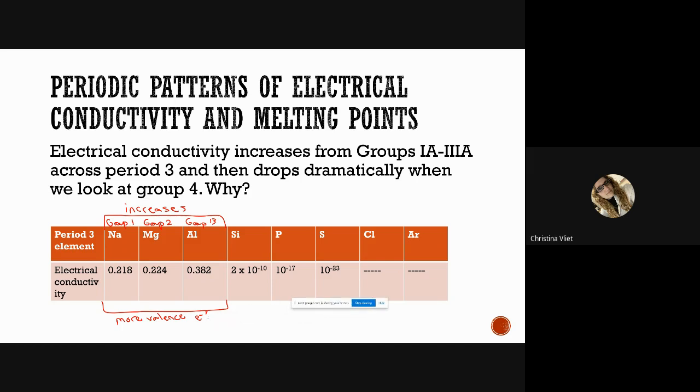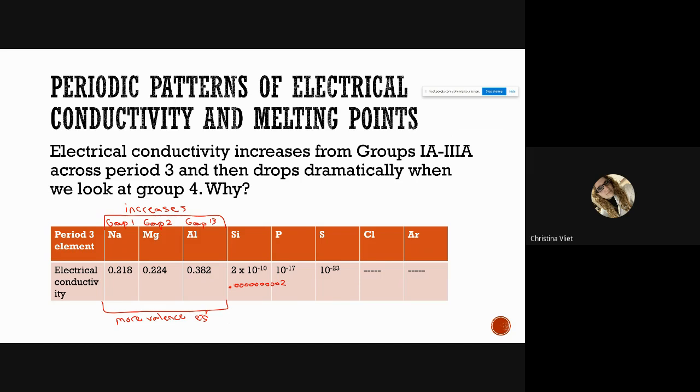And then, you can see this is some data that was printed in the Cambridge textbook. Electrical conductivity goes from 0.218, 0.224, 0.382. What's 2 times 10 to the negative 10? 0.00, point, that.